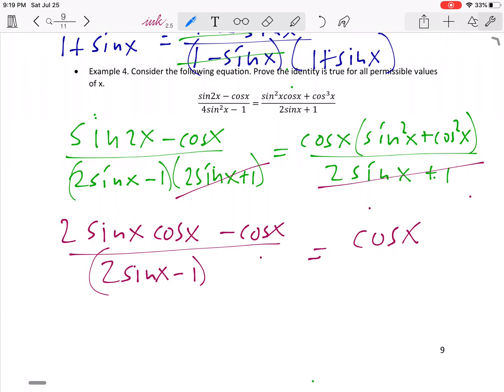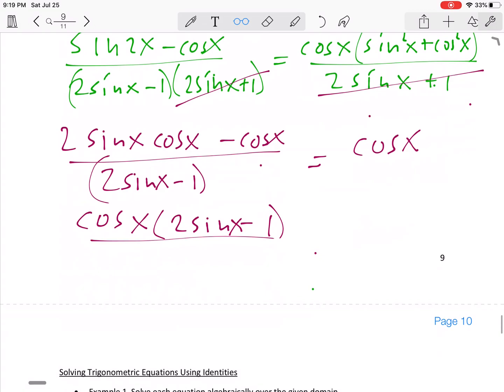Okay. And then what we can do here on the left hand side is factor out a cosine. And so that's going to leave us with 2 sine x minus 1 over 2 sine x minus 1.